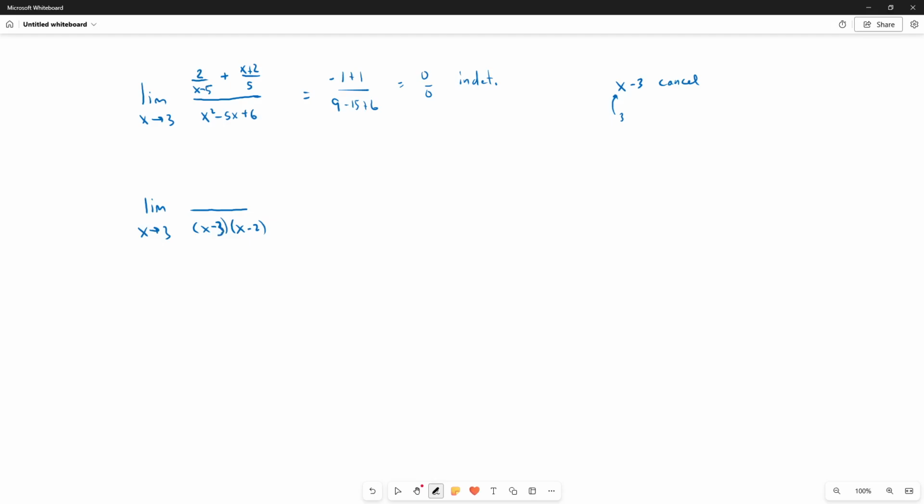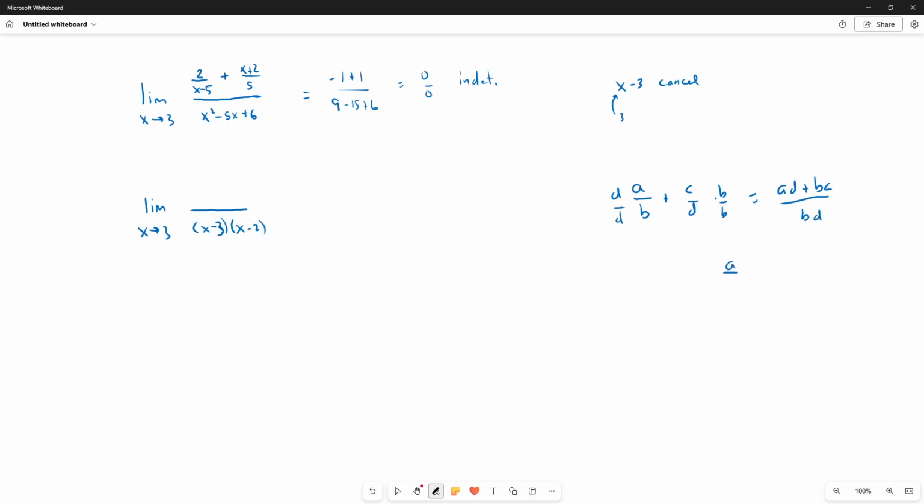Now the numerator is a little bit trickier. We have to add these fractions. If we have two fractions and we want to add them, then you do so by creating a common denominator by multiplying by 1, and you get AD plus BC over the common denominator of BD.